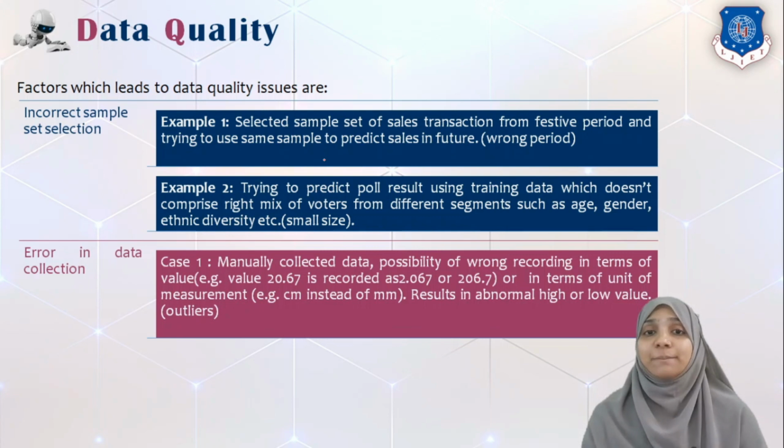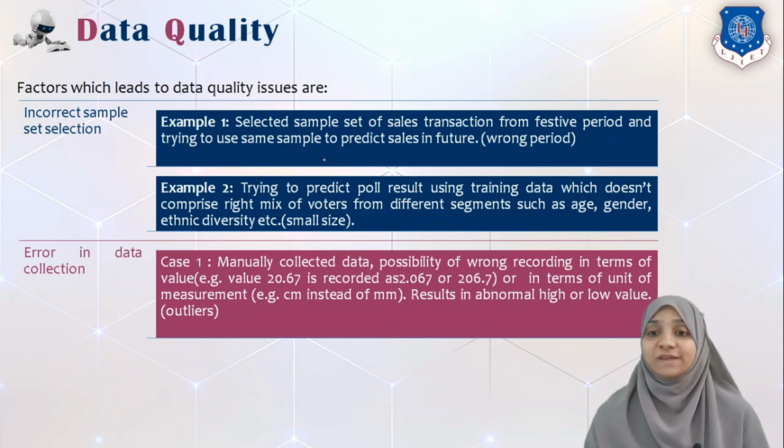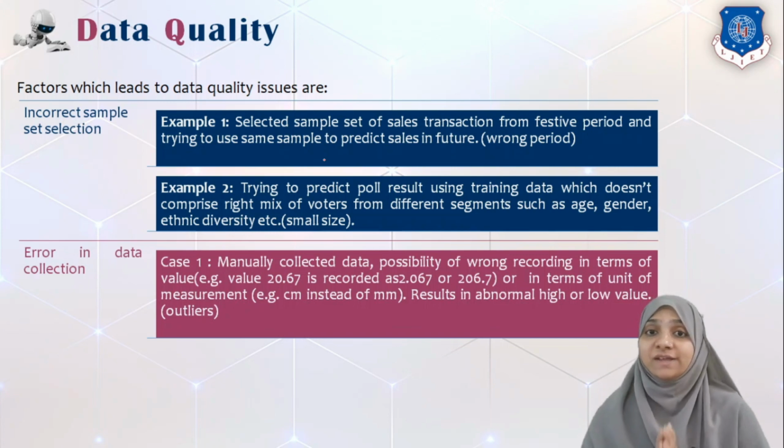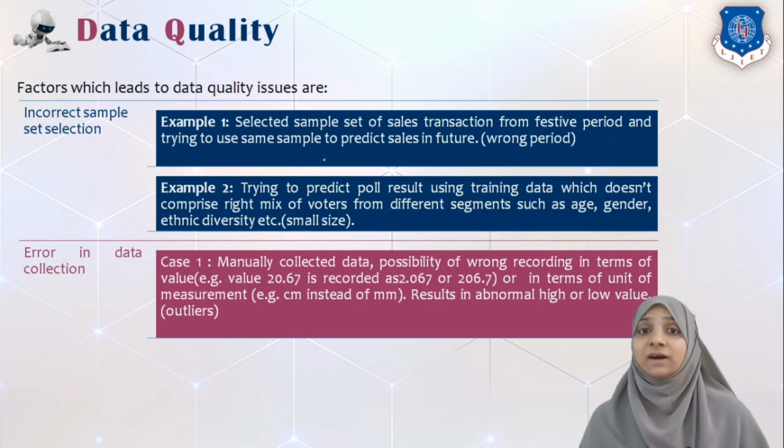These kinds of errors might result in something called an outlier. So make sure, if data quality is degraded because of incorrect sample selection, your output may go wrong, and if there is an error in data, it may result in outliers.